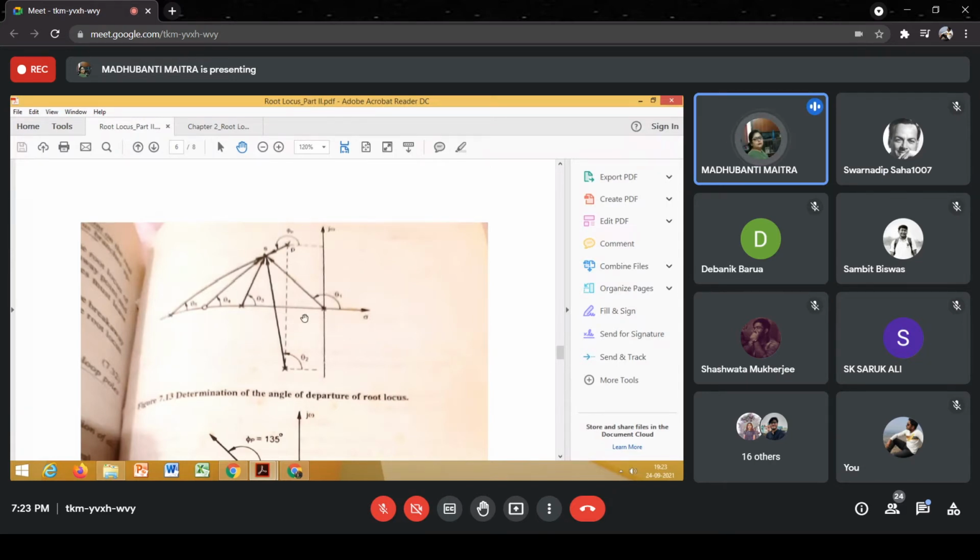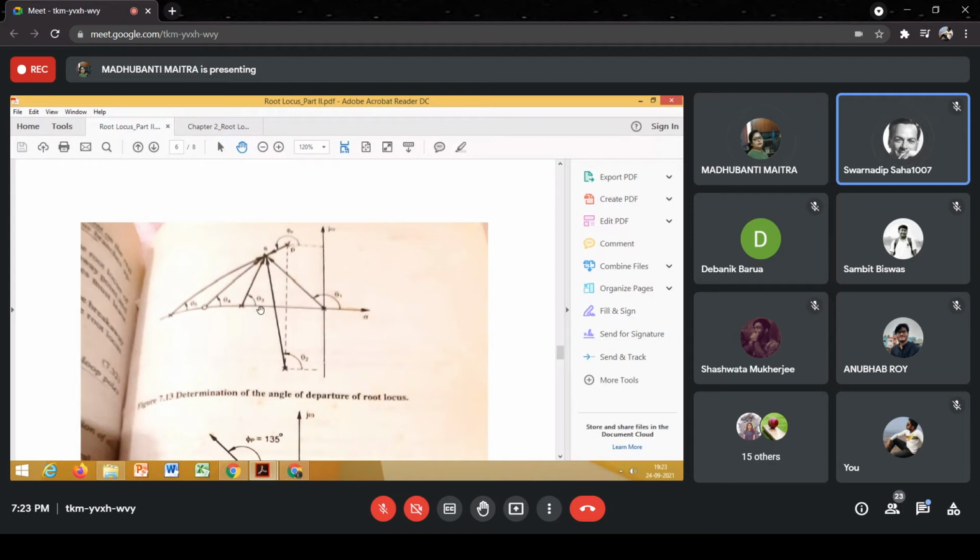Now you see the root branch which is originating from this real open loop pole is doing so with an angle which is equal to this angle. This is the angle, right? So what is the angle? The angle is 180, isn't it? Yes or no?